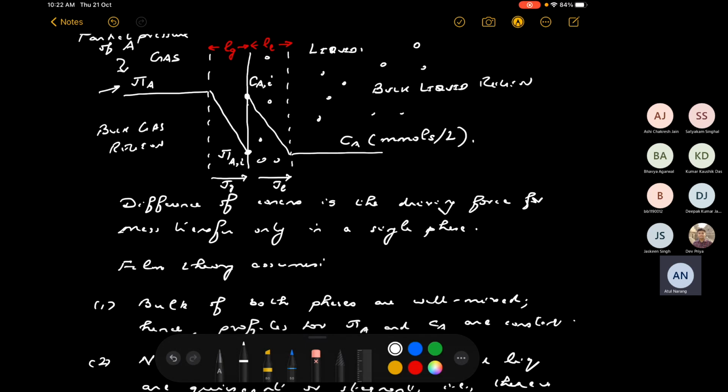If I take pi A divided by HA, I am basically trying to find that concentration of the gas A in the liquid phase that would be in equilibrium with the partial pressure pi A in the gas phase.